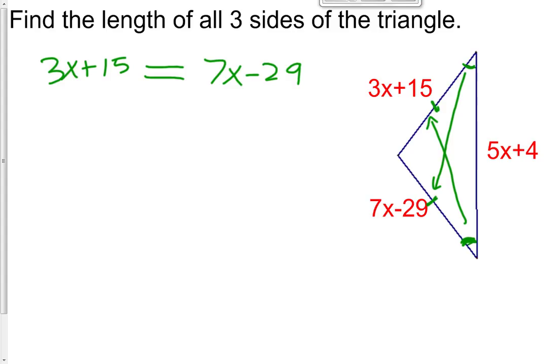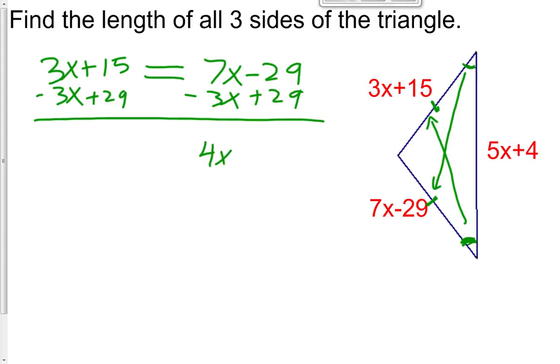We set the two congruent sides equal to each other. Now let's solve for x. Subtract 3x from both sides and add 29 to both sides. So we get 4x equals 15 plus 29 is 44. Divide both sides by 4 and we get x to equal 11.